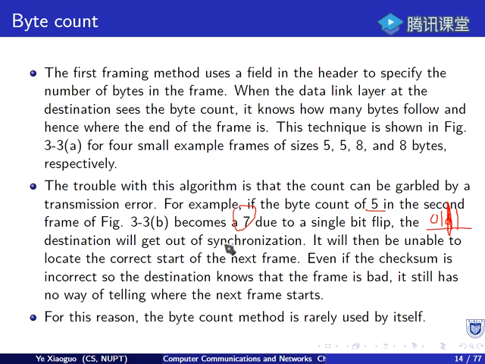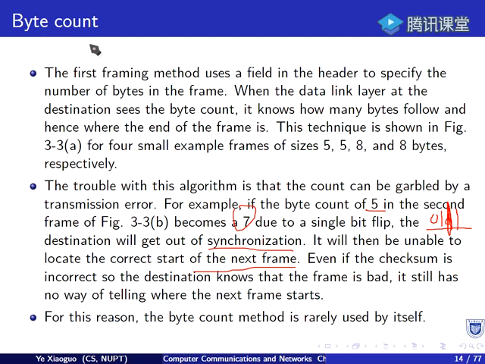So a bit error turns 1, 0, 1 into 1, 1, 1. Then the destination will get out of synchronization. It will be unable to locate the correct start of the next frame. That is the disadvantage, a shortcoming of this byte count method.